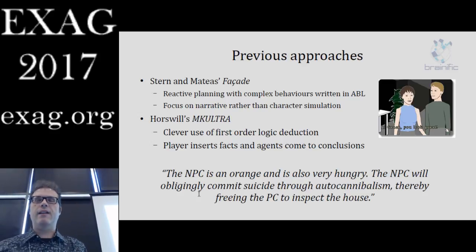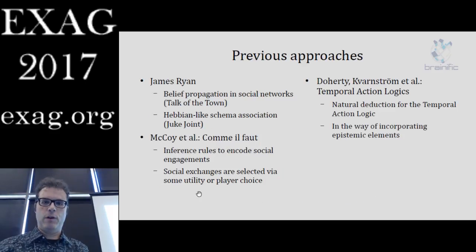It's a very interesting possibility when it comes to manipulation of what another person is thinking, albeit a very direct one. We can also mention the work of James Ryan, both on belief propagation and social networks, and also on Hebbian-like schema association, so that schemas that appear together tend to have a stronger association.